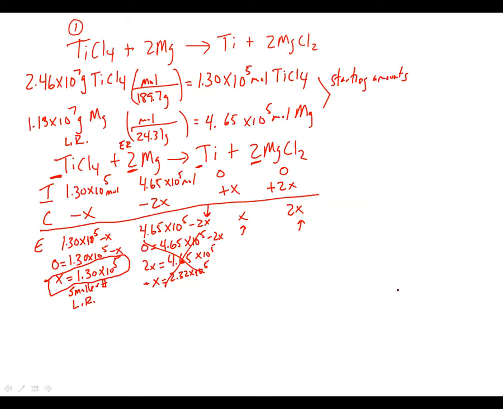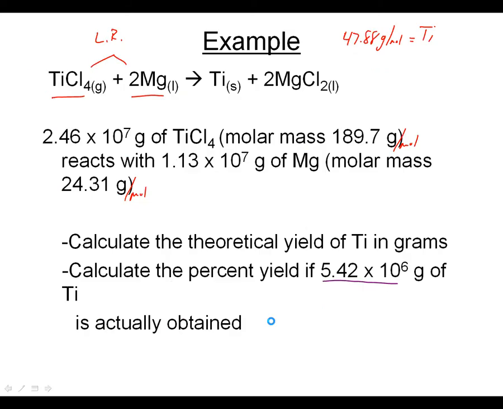So for example, in this case, we know that the moles of Ti equal X. And since X equals 1.3 times 10 to the fifth moles, we now can find our theoretical yield by taking the molar mass of Ti, which was that 47.88, I believe. That last page, right? 47.88, yep.